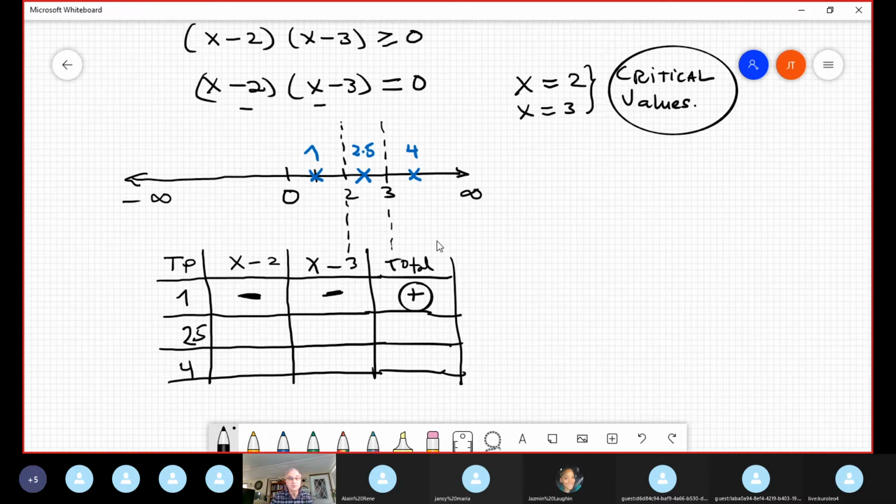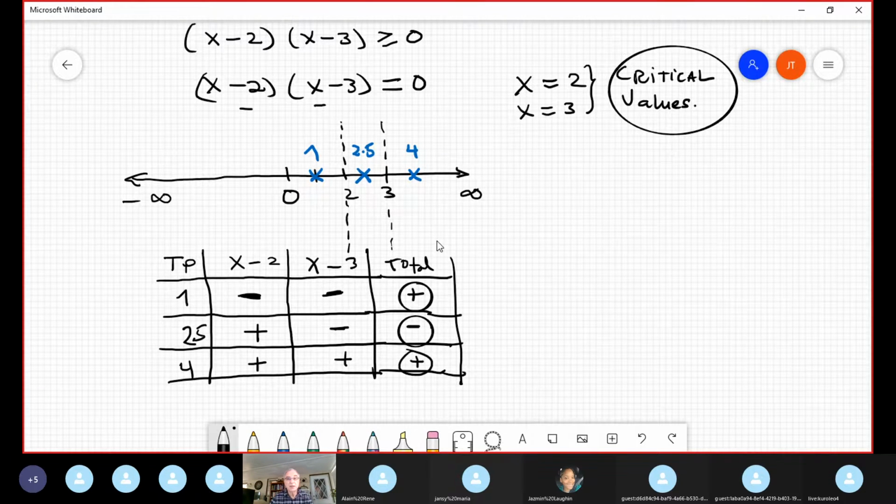Negative times negative is positive. For 2.5, 2.5 minus 2 is positive, and 2.5 minus 3 is negative, and the multiplication is negative. And circle the sign in the total column because this is important information. And 4 minus 2 is positive, 4 minus 3 is positive, and positive is positive.